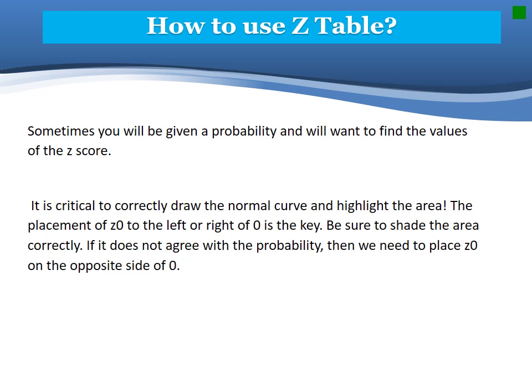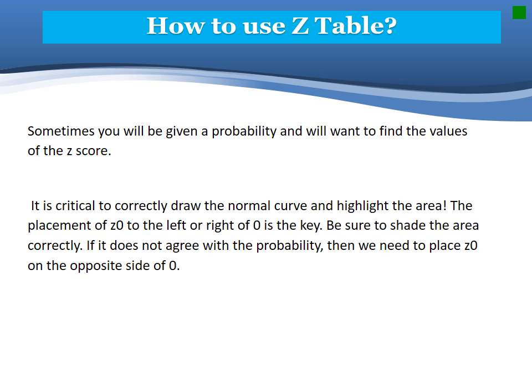Sometimes you will be given a probability and will want to find the value of the z-score. It is critical to correctly draw the normal curve and highlight the area. The placement of z0 to the left or to the right of 0 is the key. Be sure to shade the area correctly.